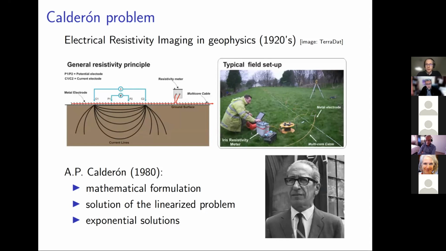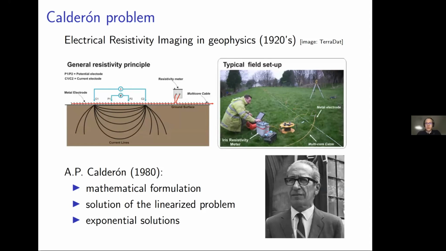And one of these is electrical resistivity imaging, where the idea is that you have a field set up, you put electrodes on the surface of the Earth, and then you inject some currents in these electrodes, and then there will be current flowing through the subsurface, and then it's coming back to the surface, and then you're going to measure the corresponding voltages. And from these electrical measurements of these currents which have gone through the subsurface, you want to determine if there's an oil deposit or not.